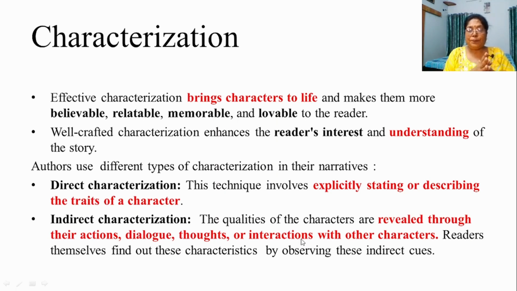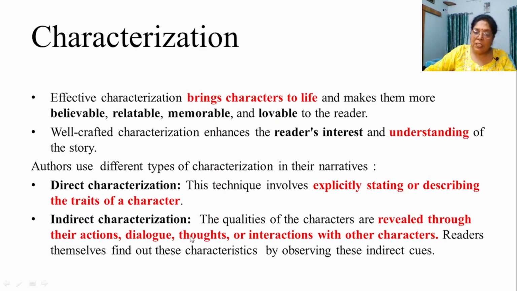It means the personality traits of a character are not told to the reader directly by the author, but the reader himself understands them. How does he understand those qualities? They are revealed through the actions of the character. When the characters act in the story, certain qualities would definitely be found out by the reader.